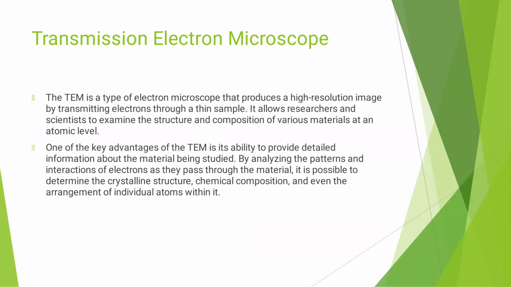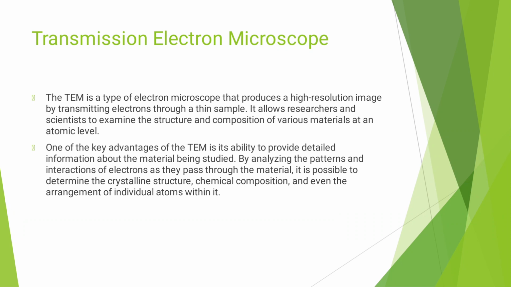The most important type of microscope is the transmission electron microscope. It produces a high resolution image by transmitting electrons through very thin samples. Instead of light, it uses electrons. It allows researchers and scientists to examine the structure and composition of various materials at the atomic level.